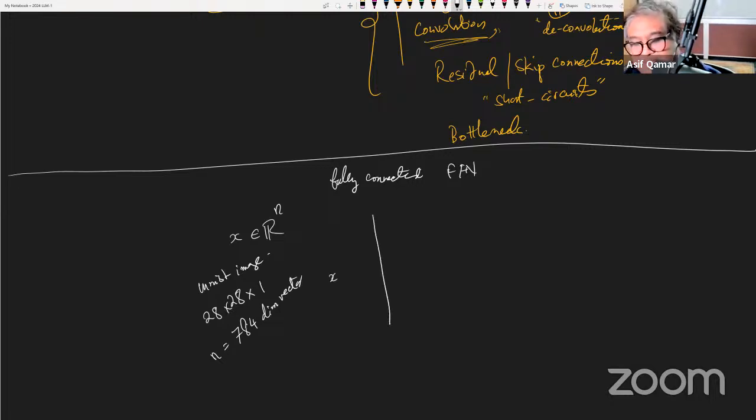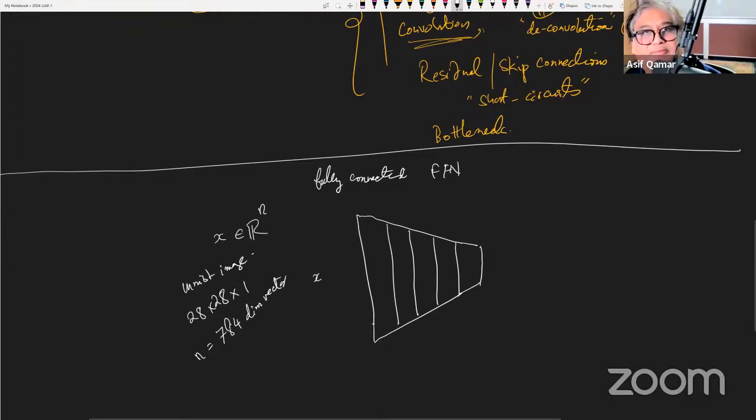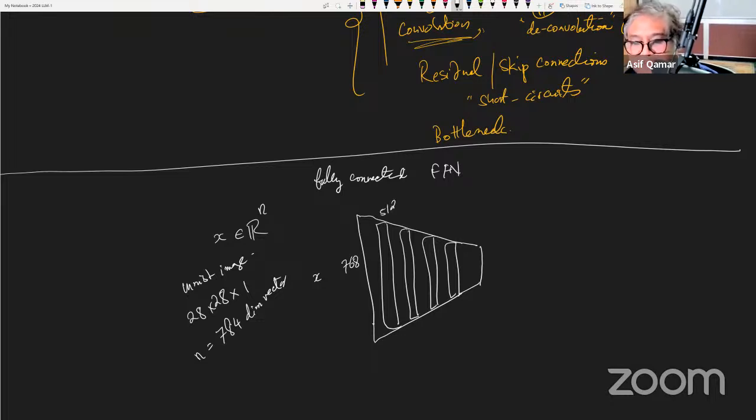I feed that vector of 784 dimension, and then I keep creating layer after layer, deep layers, but I keep on decreasing the width of the layers. Are we together? Let's say I go to 512, 256, 128, 64, down to, let us say, 16 dimensions, okay? 16 neurons.